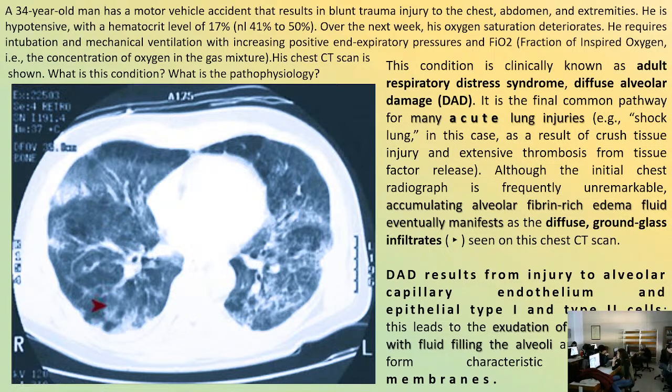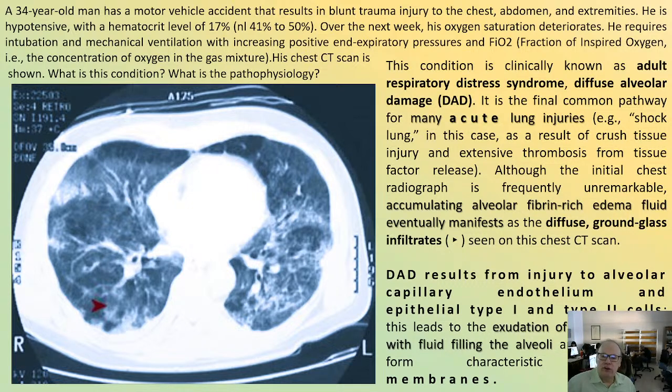What are type 1 pneumocytes responsible for? What is their function? Type 1 pneumocytes, the exchange of gas. Type 2? The surfactant secretion, yes, and they also are involved in the immune response. They have an immunomodulatory function, type 2 pneumocytes.